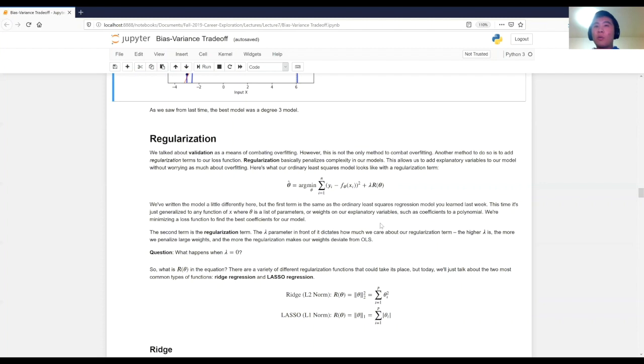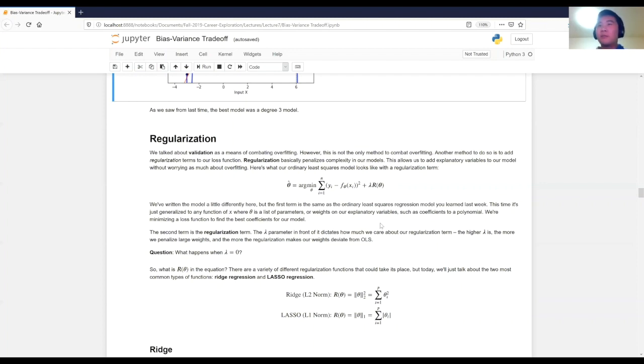Essentially, we're trying to guess how complex a model is by the weights of the model. This is kind of an abstract way of thinking.